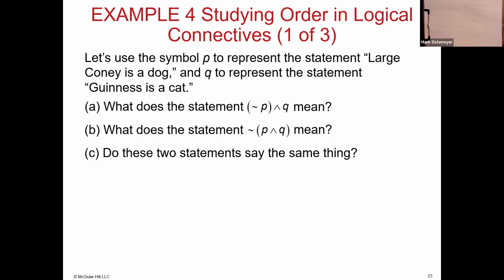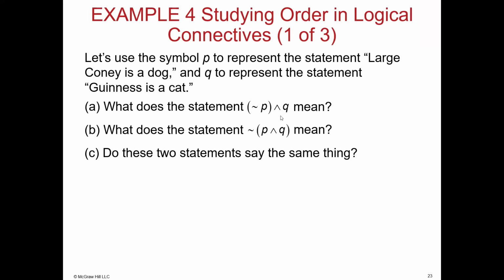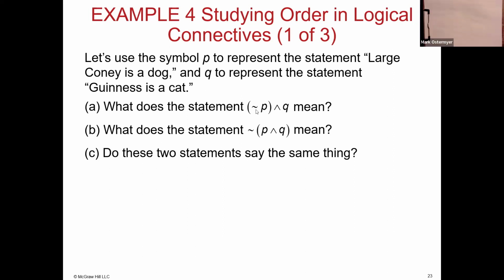I have a question for you. Are these statements saying the same thing between A and B? No. Doesn't look like it. First one is saying Coney is not a dog and Guinness is a cat. So Guinness is still a cat in the first one.